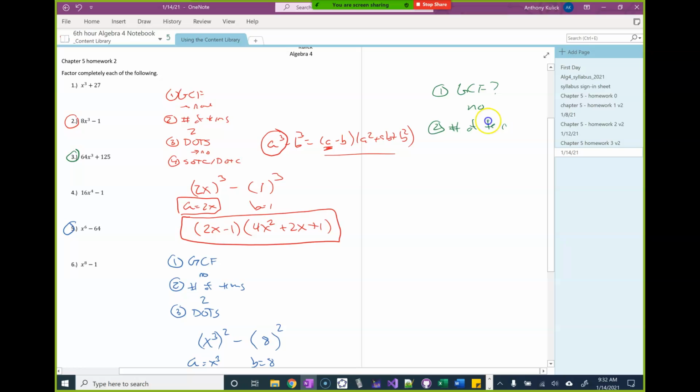This again is 2 terms. First thing we look for is a difference of 2 squares. Obviously not, since it's an x cubed on there. Next thing we look for is a sum or difference of 2 cubes. So we're going to try to write this as something cubed plus something cubed.